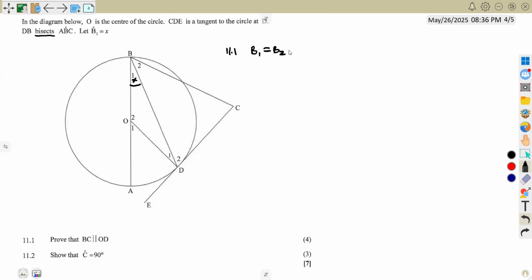Why are we saying that it is equal to X? It's because we are told that DB bisects ABC. It's dividing it into two equal parts. The reason is DB bisects the angle ABC.